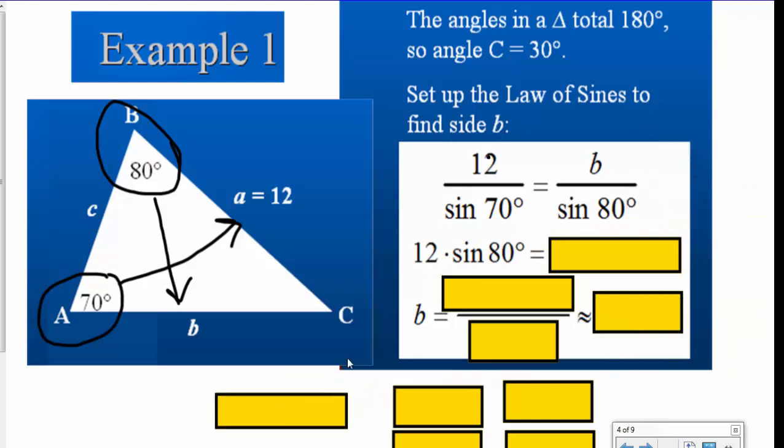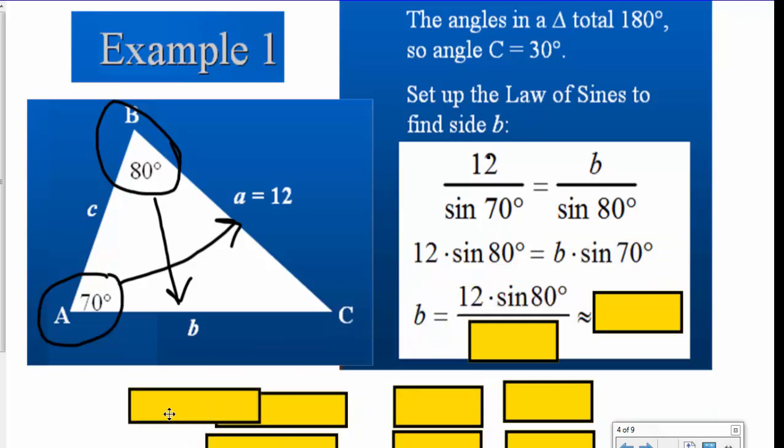Cross multiply. 12 times sine of 80 equals b times sine of 70. Now we're going to set up for the calculator, similar to what we did when we solved for x using the trig ratios for SOHCAHTOA. We have to get little b by itself. To do that, we'll take 12 times sine of 80 and divide by what's next to the b, which is sine of 70.